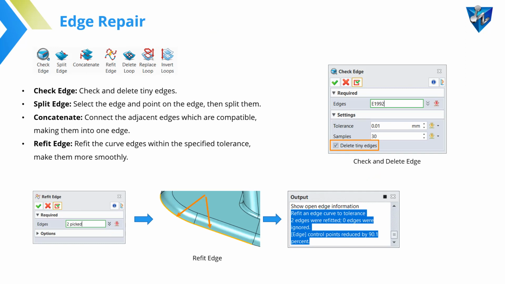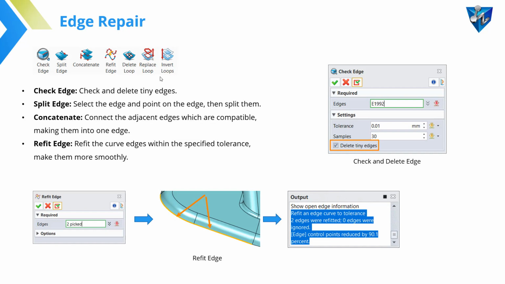After checking and locating open edges, now let's talk about edge repair. As you can see, ZW3D provides 7 tools to do the edge repair. First, check edge. With this function, you could check and delete tiny edges. Second, split edge.